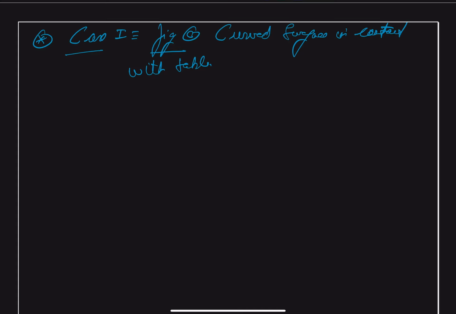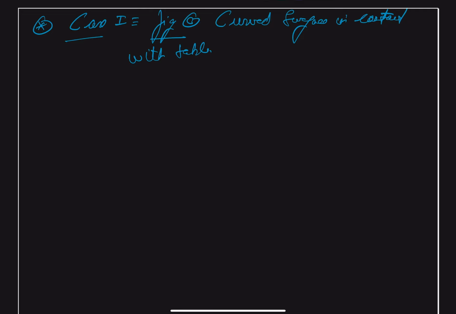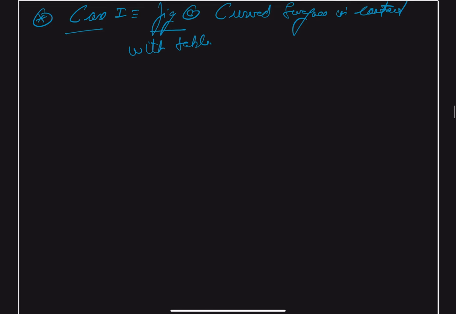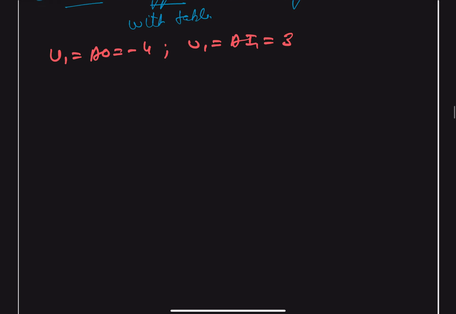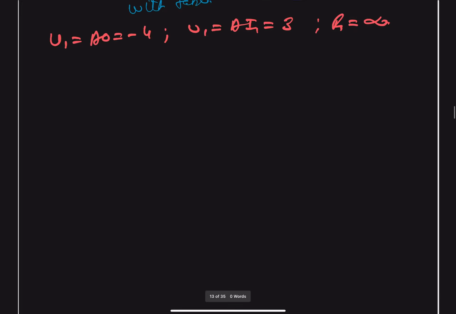So therefore, like I said, our U1 is minus 4 centimeter. Let me write it again. So here we have our U1, that is our AO, is minus 4, and our V1, which is our AI1, is equal to 3 centimeter, and the refractive index is the same, and the radius of curvature of the plane surface, that is R1, is equal to infinity. So first of all, we are going to have refraction at the plane surface.